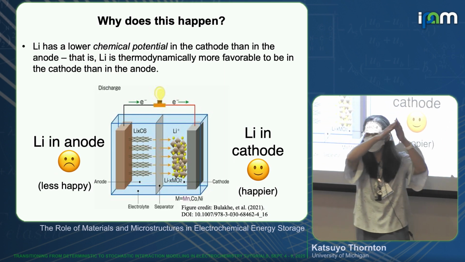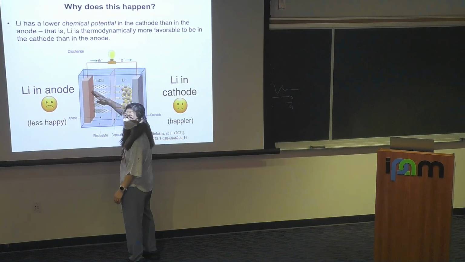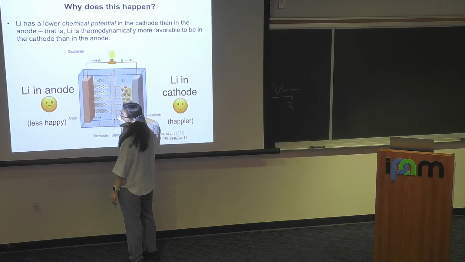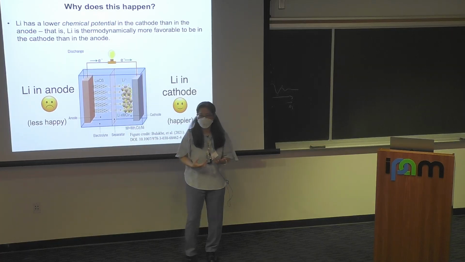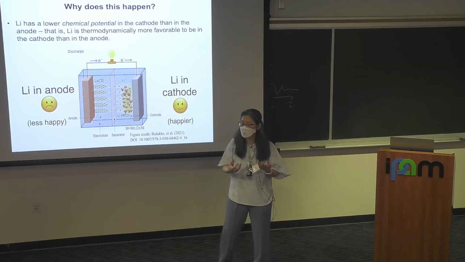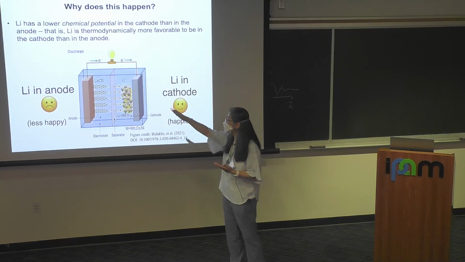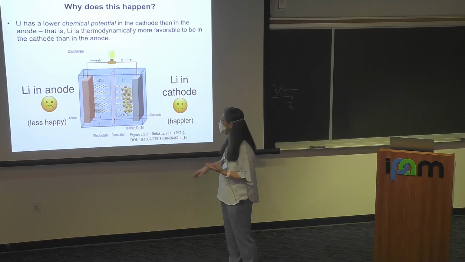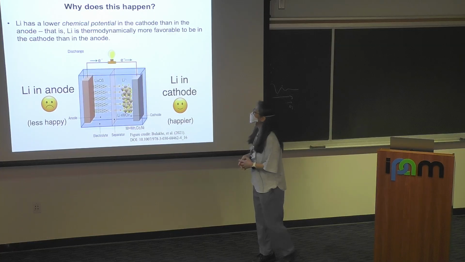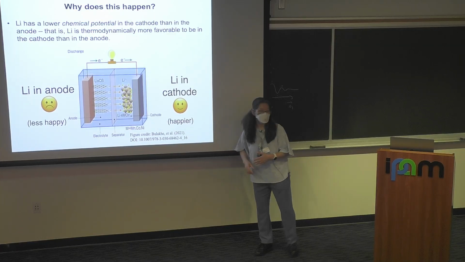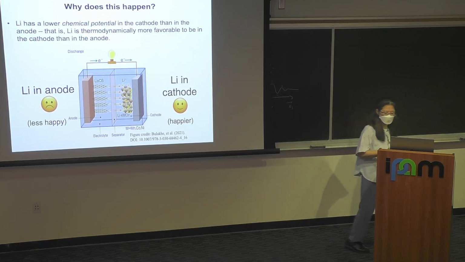It's like you have a hill, and you put a ball over here, it's going to roll, right? There's a driving force, just like a gravitational potential. Chemical potential gives you the push it needs.